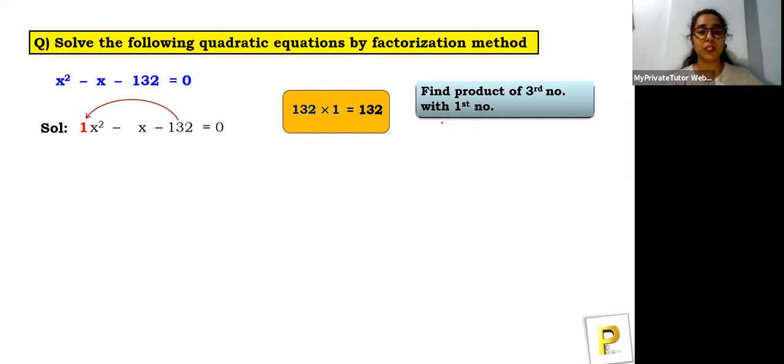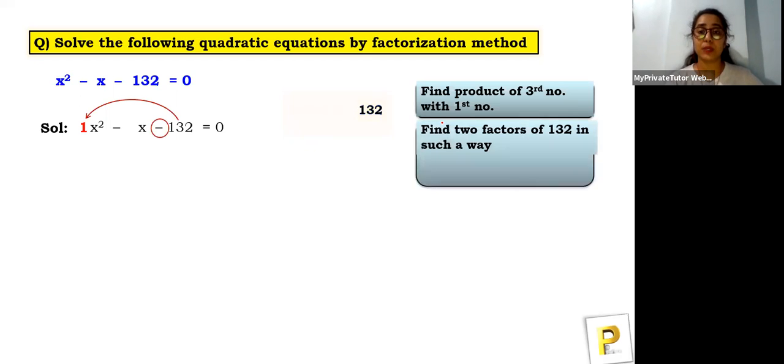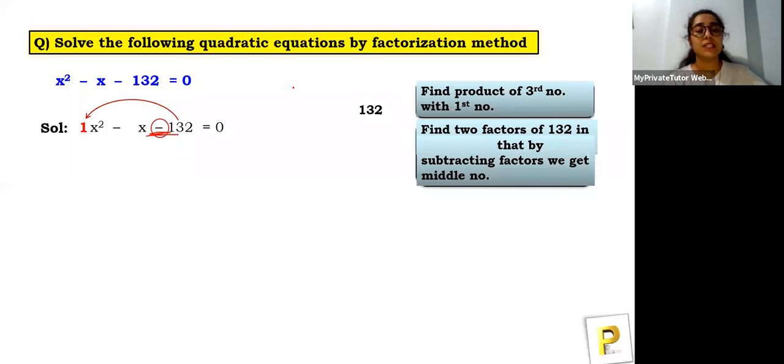So 132 into 1 is what? 132. Okay, minus 132. You have to remember that minus sign. Now the next thing is to find two factors of 132 in such a way that by subtracting the factors we get the middle number. Just because here we have a minus sign, you'll have to find such numbers that by subtracting you get the middle term.